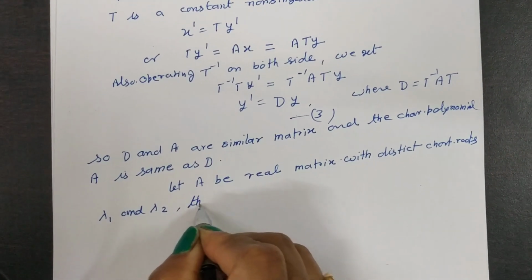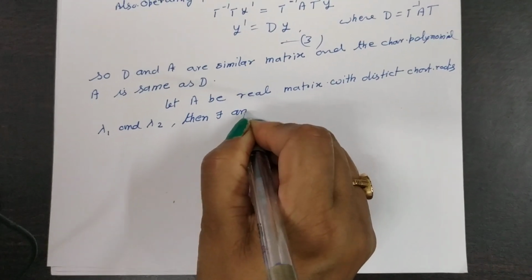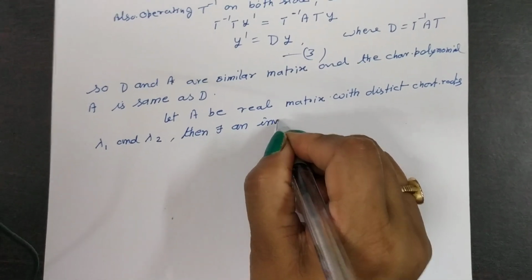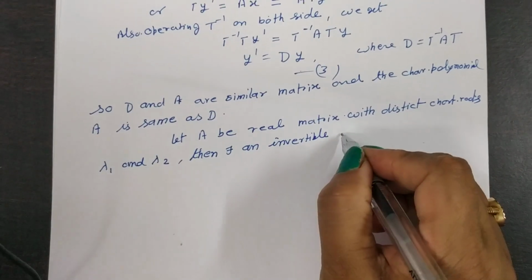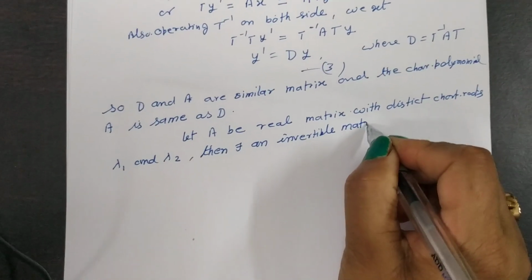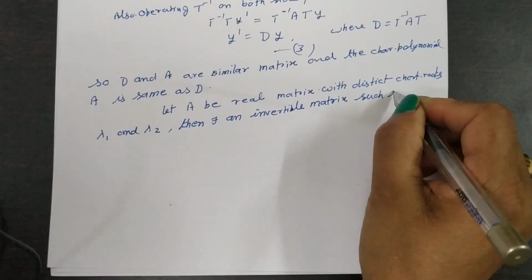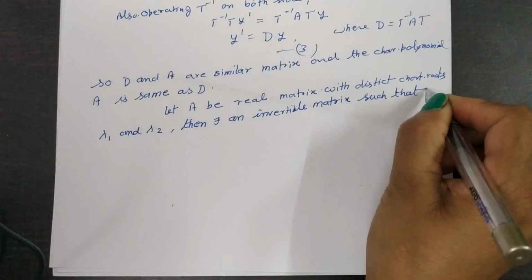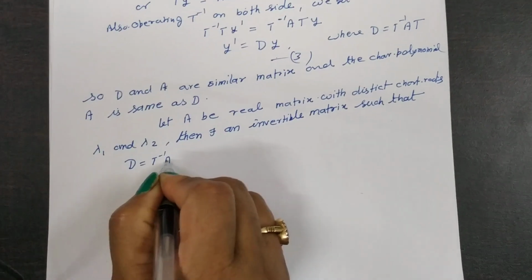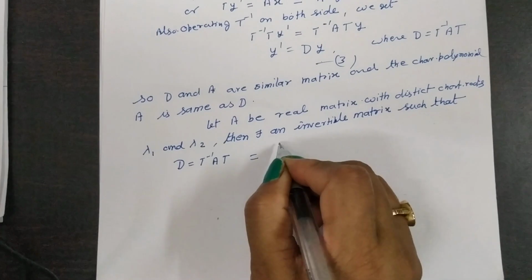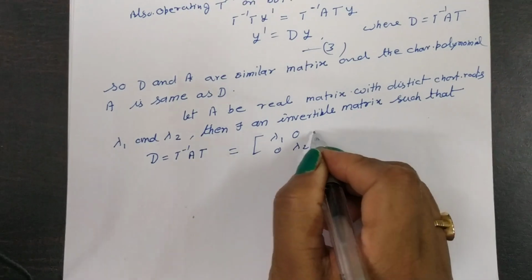Then there exists an invertible matrix T such that D = T inverse AT, which is equal to [lambda 1, 0; 0, lambda 2].